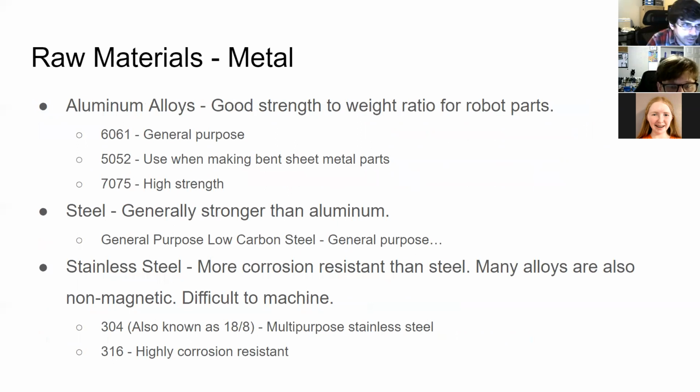So we use a lot of aluminum. The grades of aluminum alloys that we use are 6061. That's very general purpose. A lot of the tube that we use, actually all the tube for the most part, will be 6061. We'll make a lot of gussets and plates out of 6061. If we want a bent sheet metal part, 6061 does not bend well at all.